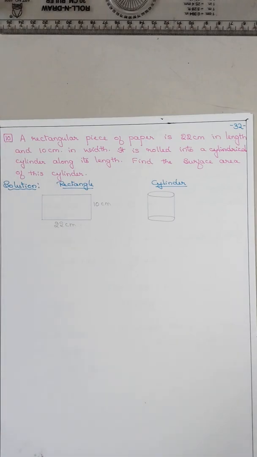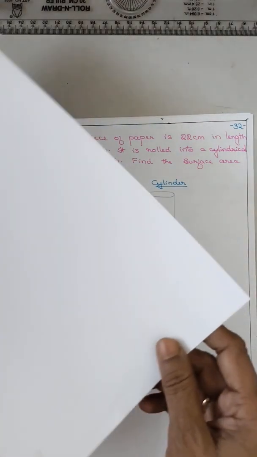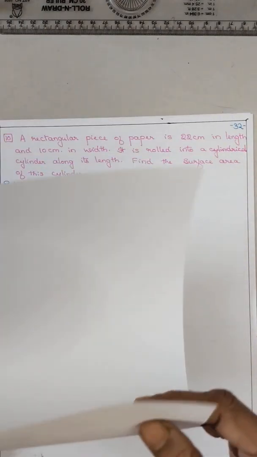Okay, now this is a rectangular sheet. This is the length, isn't it? This is the length and this is the breadth of the rectangular sheet. Now they have told it is rolled into a cylinder along its length.